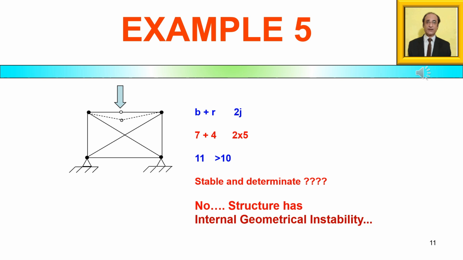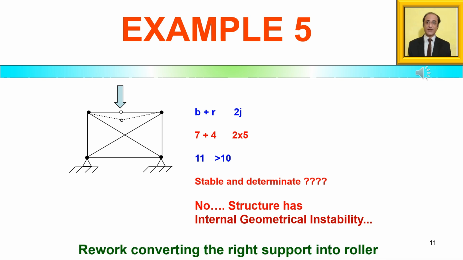So the final conclusion is that the structure is unstable. You can rework the same example by converting the right support into a roller. In that case, you will find both b plus r and 2j are equal, apparently giving a notion that the structure is determinate. However, it will again be unstable for the same reasons which were explained just now.